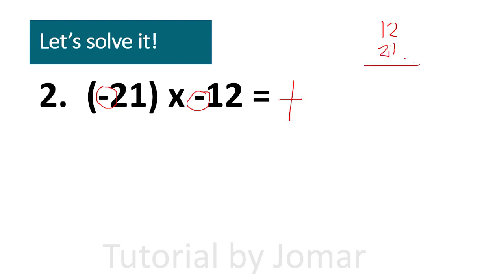We have 1 times 2 is 2. 1 times 1 is 1. 2 times 4. 2 and 1 is 2. Then, add natin to. We have 2, 5, and 2. Answer is positive 252.